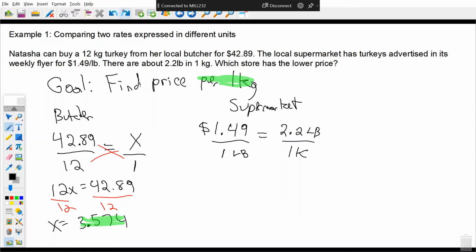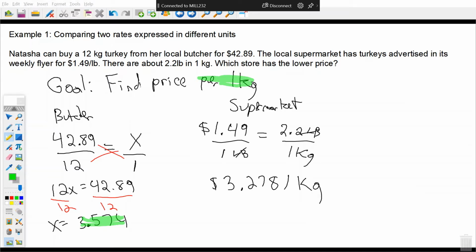Those will cancel out. Because I don't have an x value I'm solving for, I'm not cross multiplying, I'm just multiplying. 1.49 times 2.2 is $3.278, which is now the price per kilogram.